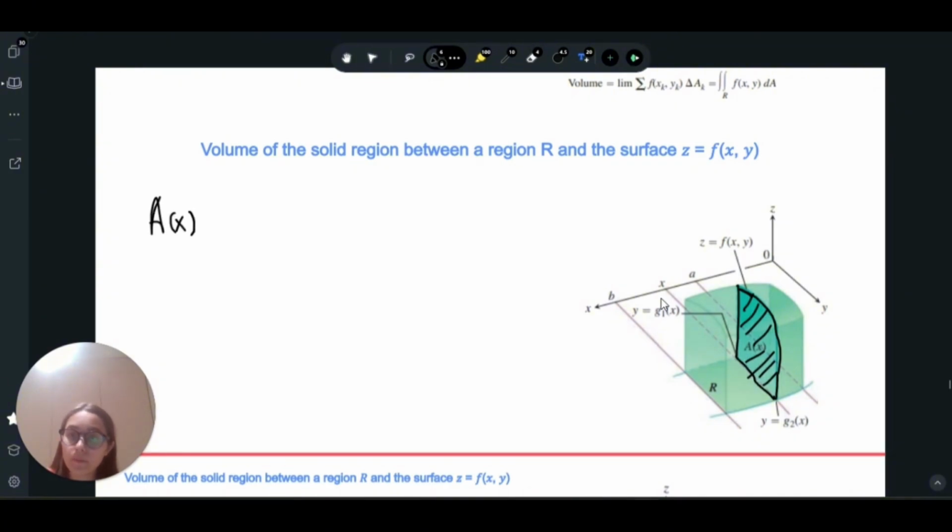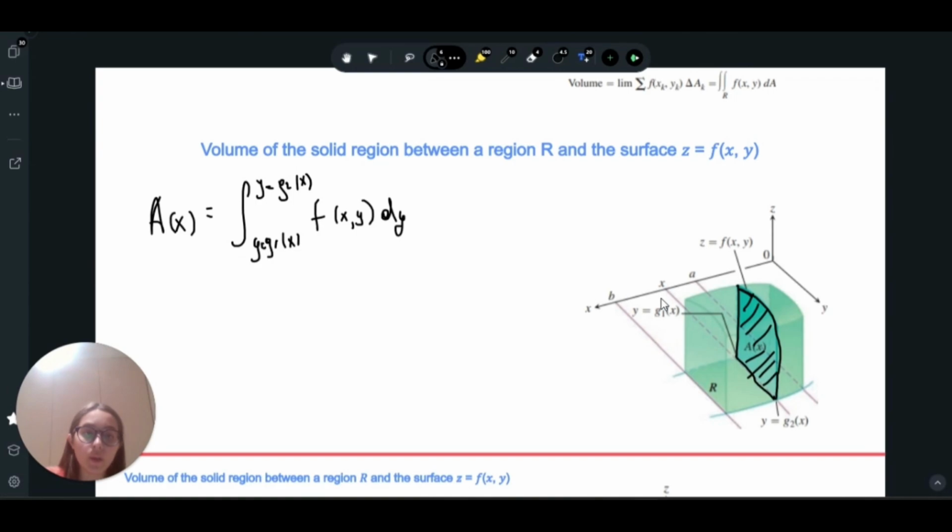So A(x) is equal to the integral from y equals g1(x) to g2(x) of the function f(x,y) dy. So this is the formula to find the area.